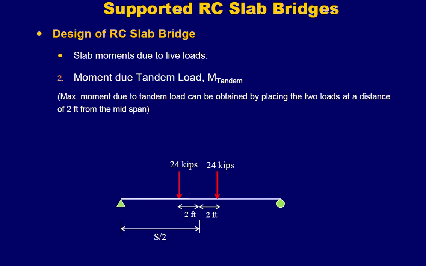After truck load, there is the tandem load, M tandem. Maximum moment due to tandem load can be obtained by placing the two loads at a distance of 2 feet from the midspan, the center of the bridge. You put both loads at 2 feet from this point, as the distance between both loads is 4 feet. In this case, you will get the maximum bending moment. And the third one is the design lane.